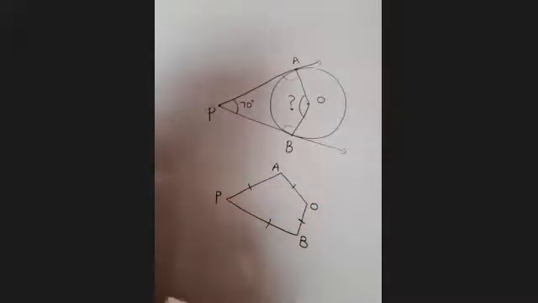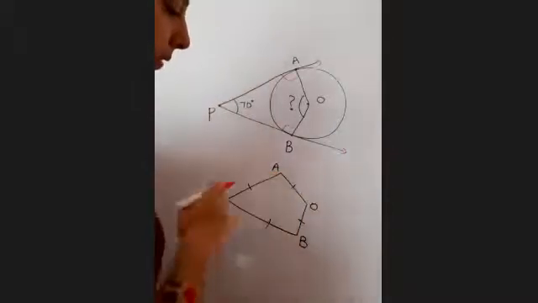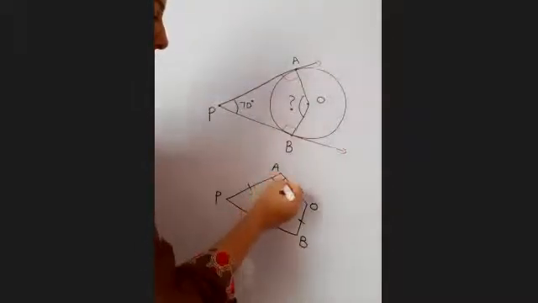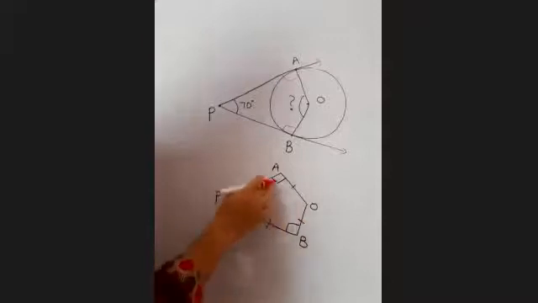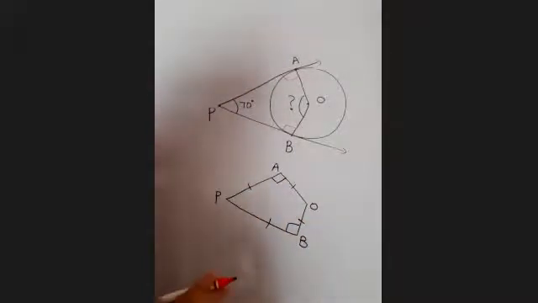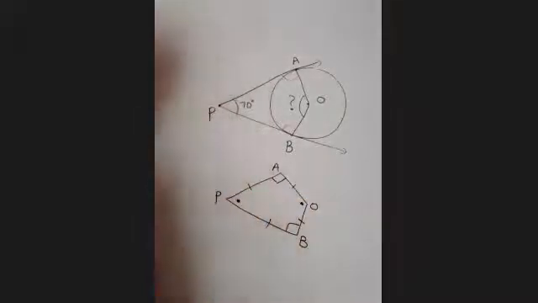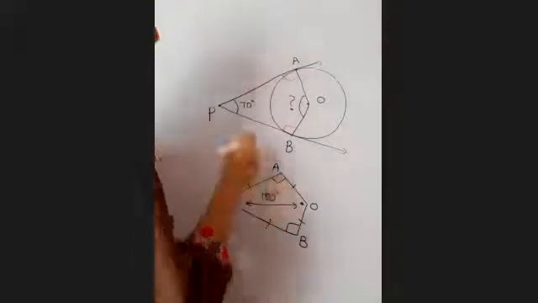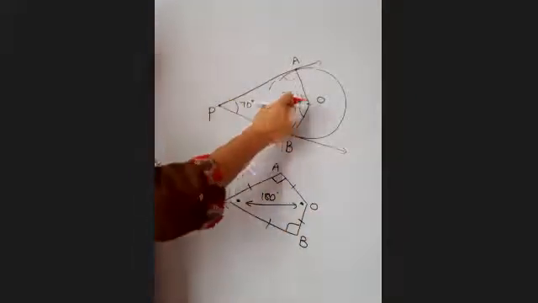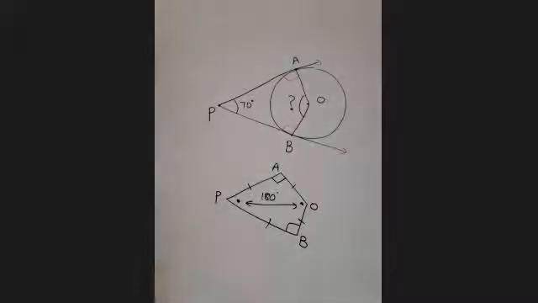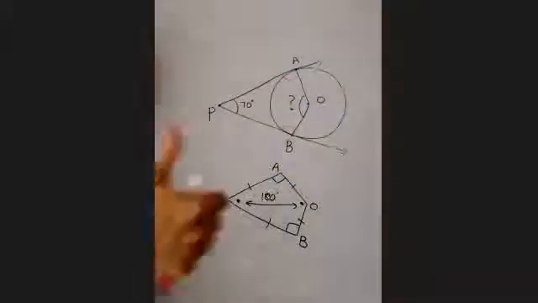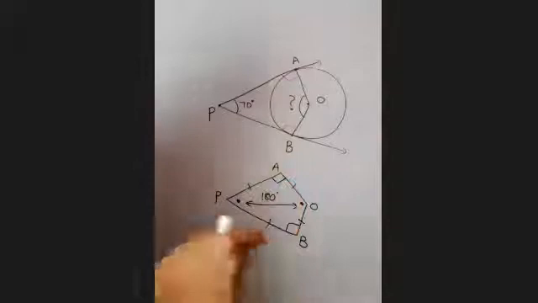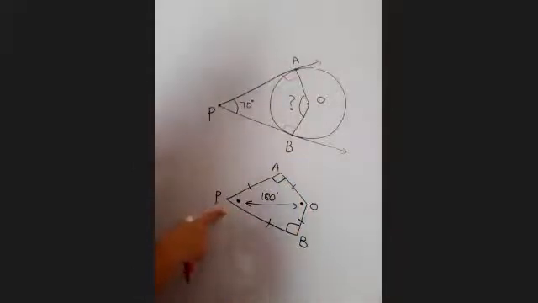Total sum is? 360 degree. The sum of 2 is already 180, 90 and 90. So what will be the sum of these two? 180. Right? Now 1 is 70. So what will be the measure of angle AOB? 110. Right?